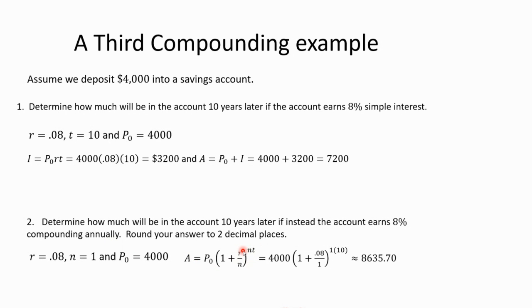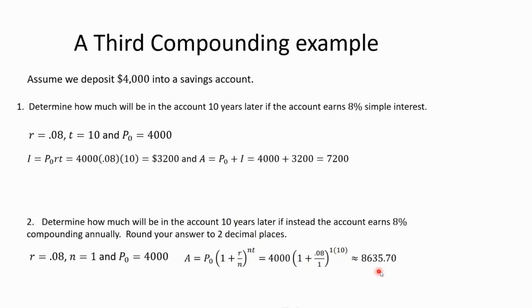So using this formula, we have $4,000 times 1 plus 0.08 over N, raised to the N times T. N is 1. We want to know how much is in the account T years later.